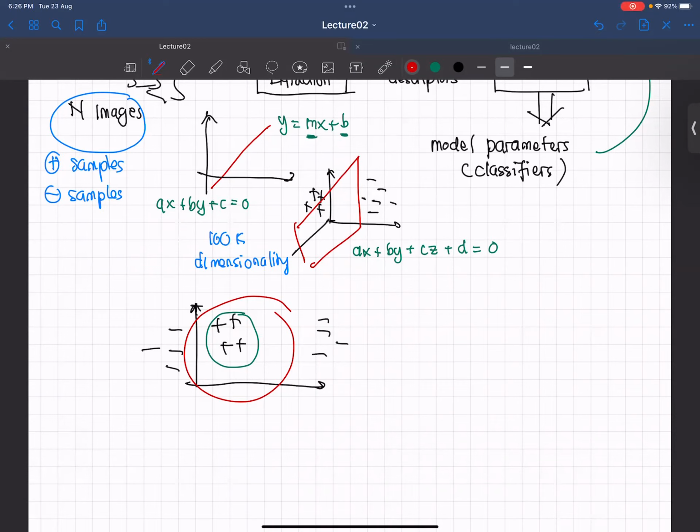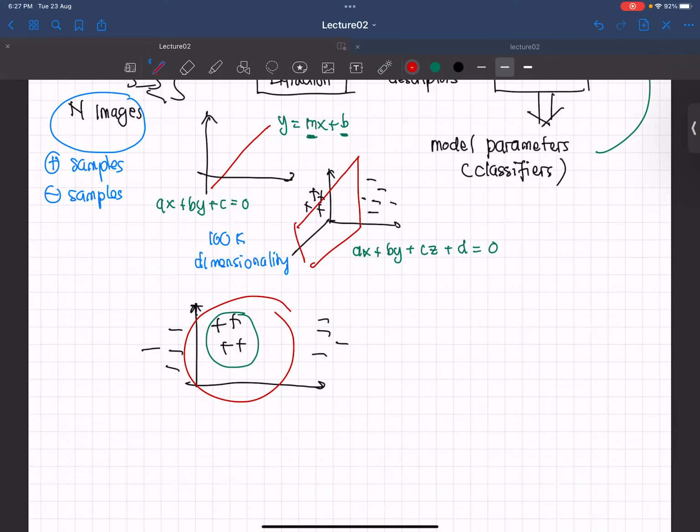And this kind of mining, negative samples mining, is called hard negative. So we want to mine hard negative, because hard negative is more meaningful than easy negative.